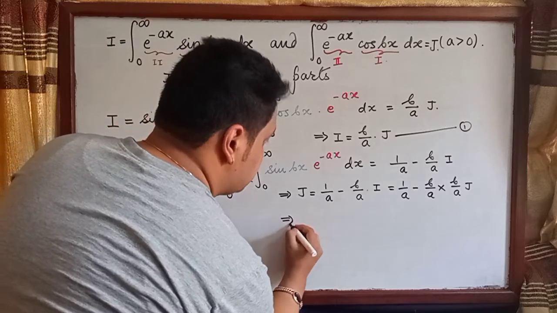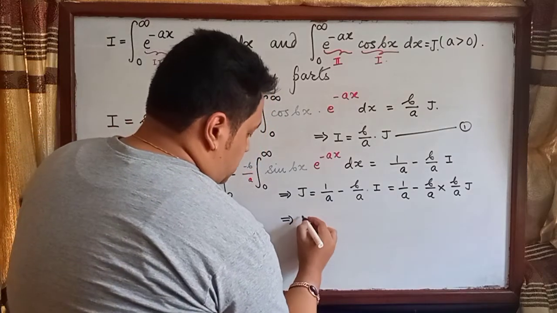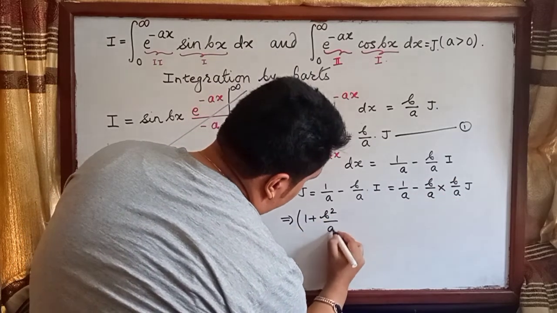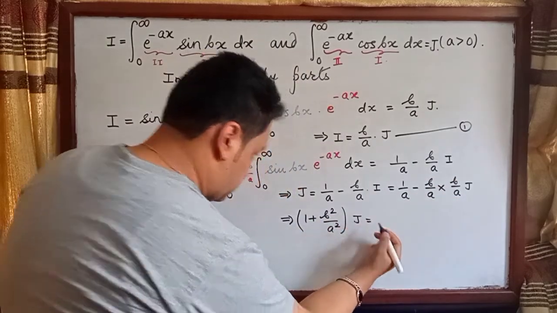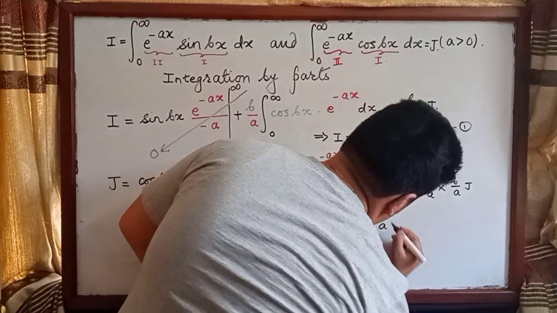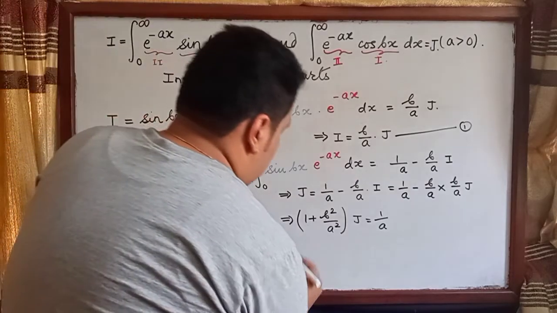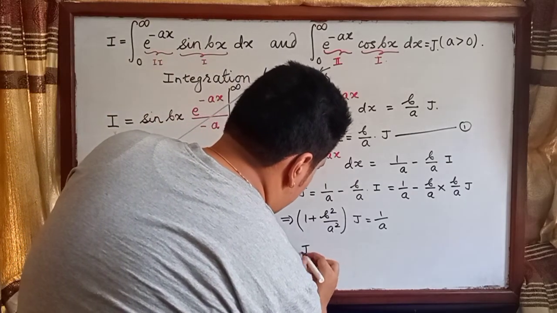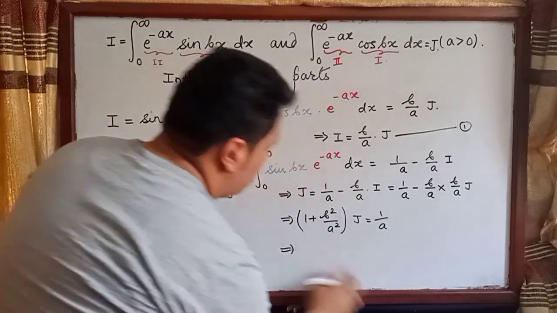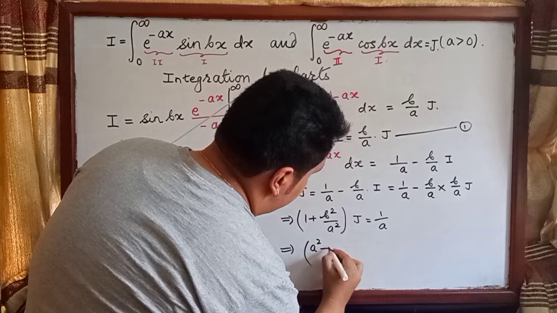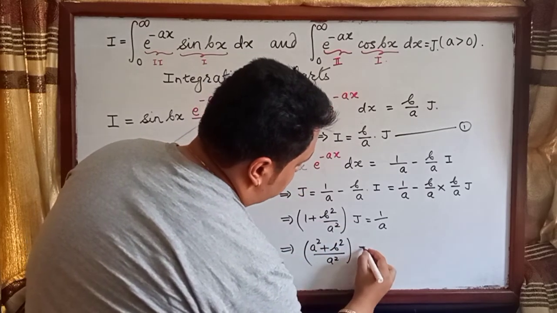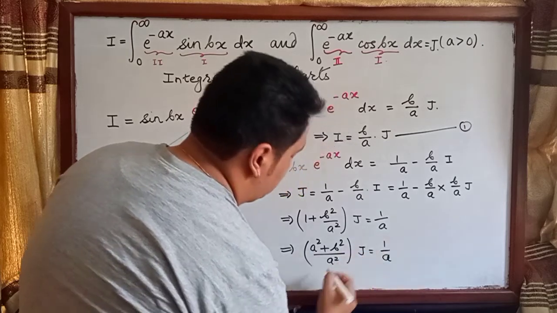So what we get is 1 plus b square over a square, times j, is equal to 1 by a. Now this will be a square plus b square over a square, j is equal to 1 by a.